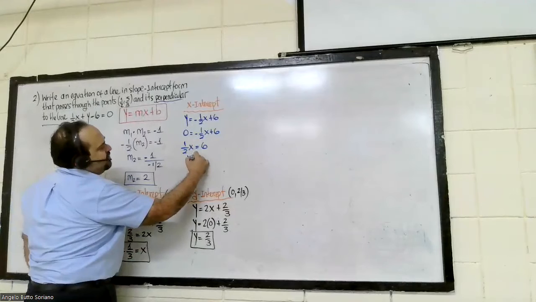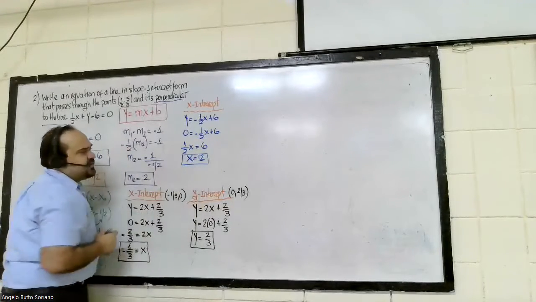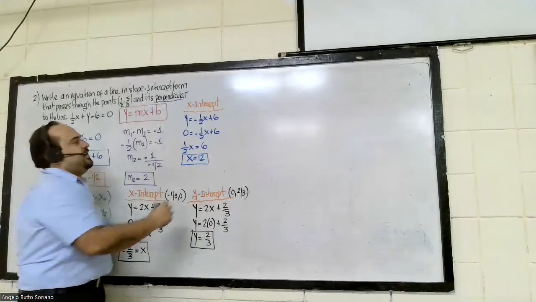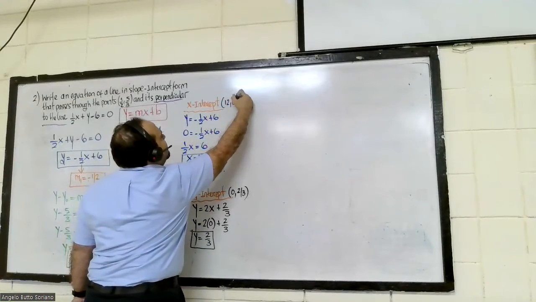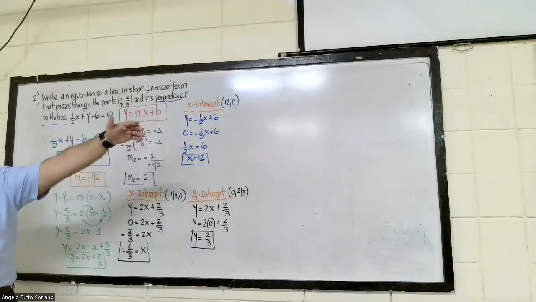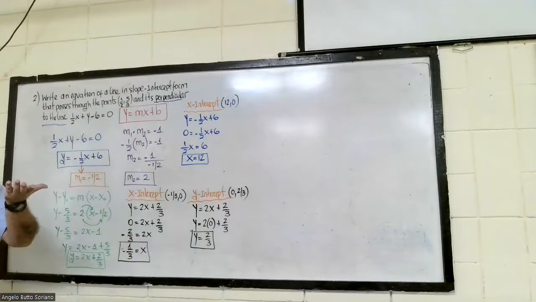So we can conclude x will be equal to 12. So the first intercept will be 12, comma, 0, the x-intercept. Understood until this part? Questions?